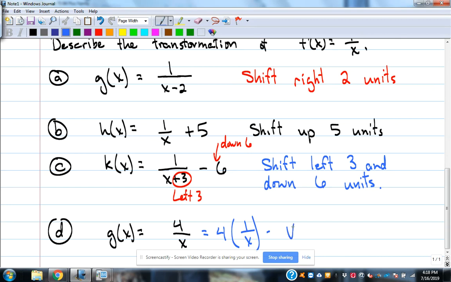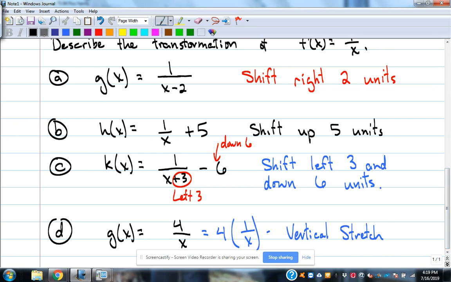So this is a vertical stretch. If it were a small fraction, like 1/4, 1/3, 7 over 8, anything less than 1, then it would be a vertical compression if they put that in the numerator.